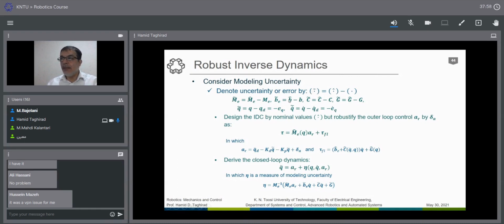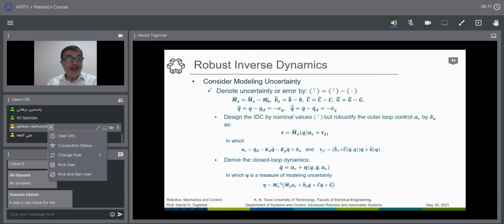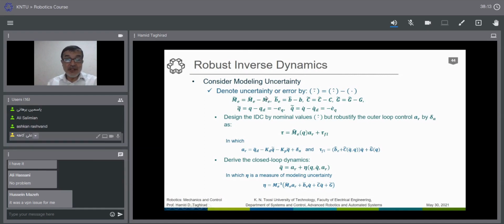For example, M tilde, or the effective mass matrix, is the nominal value that we have obtained minus the true value. And notice that you don't know the true value, because if you knew the true value, then you wouldn't need to describe any uncertainty. What you know and what you use in the controller is only the nominal value, the hat value.